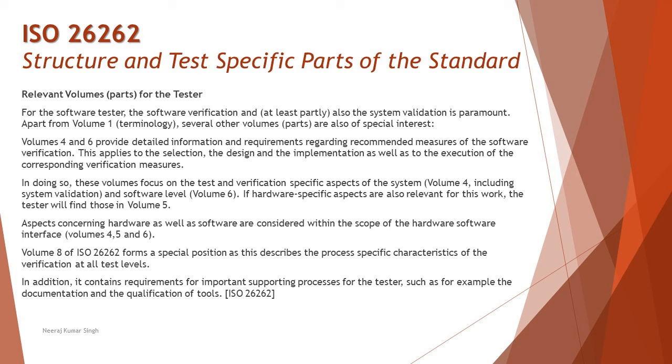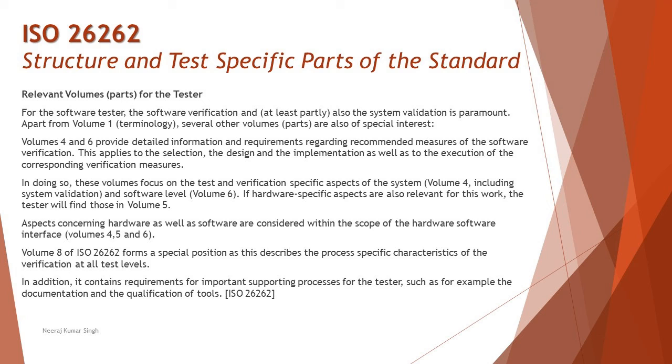Volume 8 of ISO 26262 has a special position, as it describes the process-specific characteristics of verification at all test levels. In addition, it contains requirements for important supporting processes for the tester, such as the documentation and the qualification of tools as per ISO 26262. So don't worry, these are references to show what kind of volume covers what areas for a tester in the automotive industry.